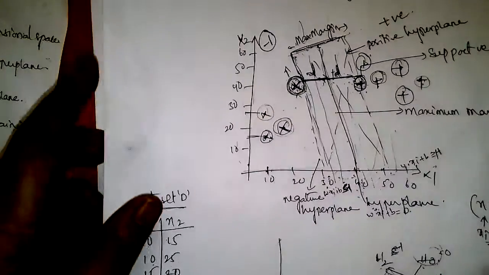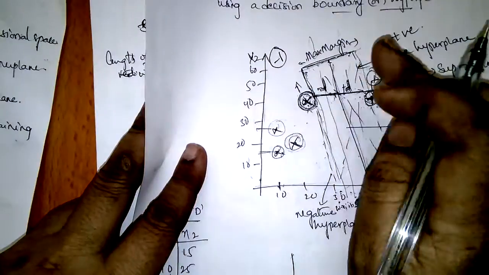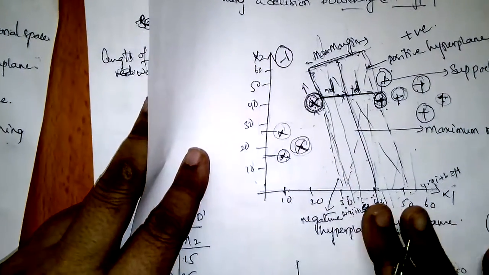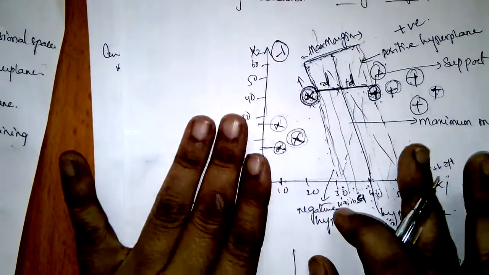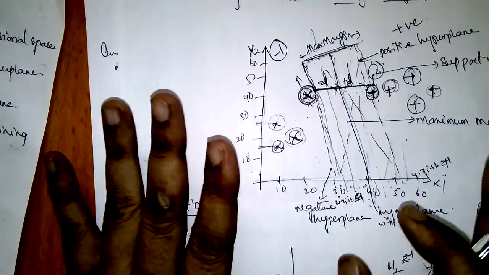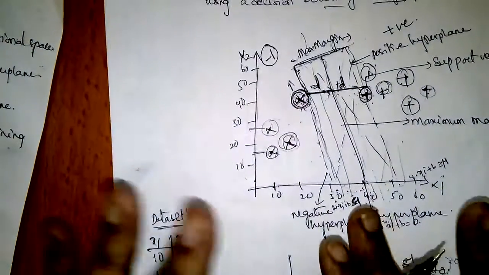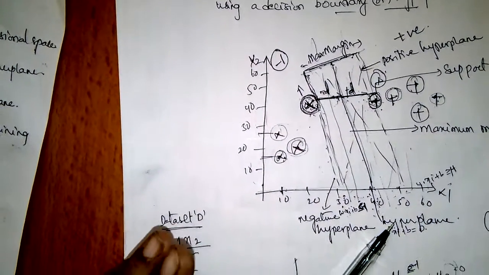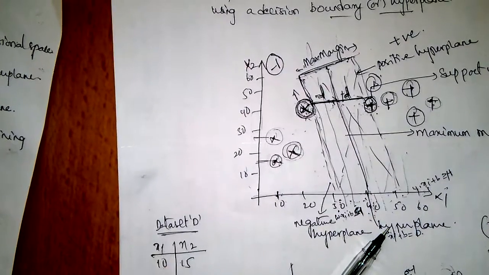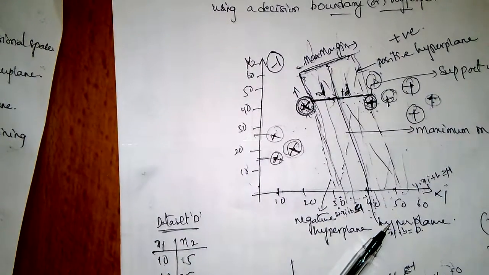This type of separation is called linear separable, linear support vector machines. Till now whatever we have learned is called linear support vector machines. Okay, so support vector machines are actually categorized into two types, that is linear separable and non-linear separable.